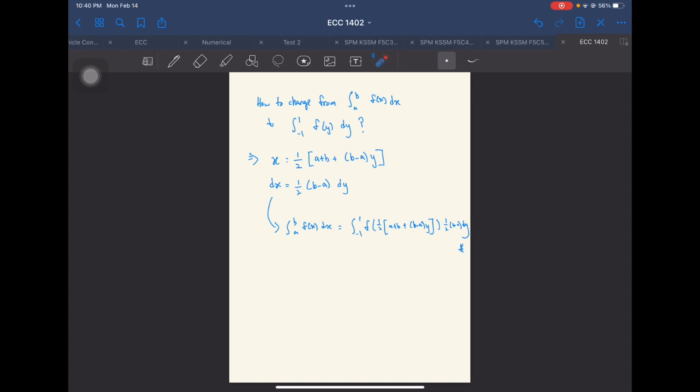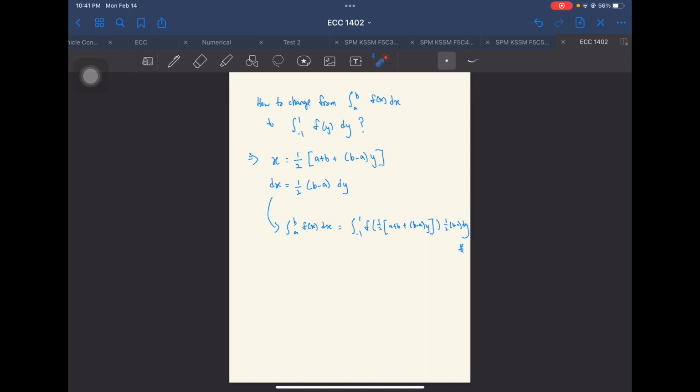Since if you differentiate x with respect to y, this front thing becomes 0, and you only have this thing left, and then you take out the y here. So you get 1/2 (b minus a), and then you put the dy, push it to the right, you get this. And then you just sub these two equations into the equation given.